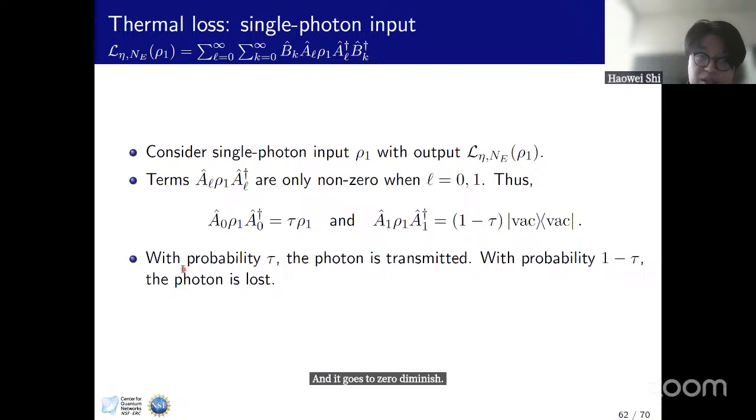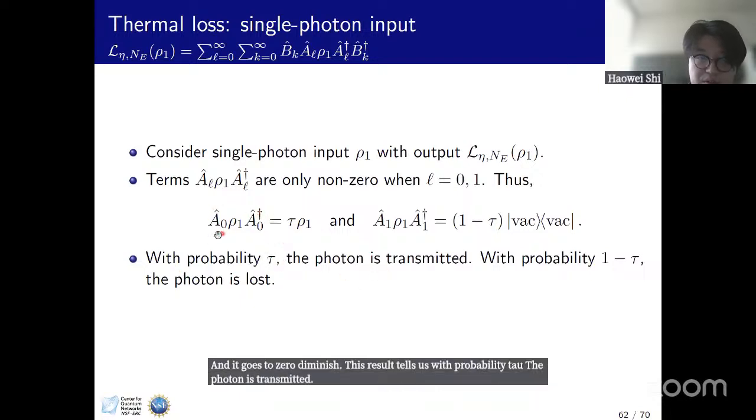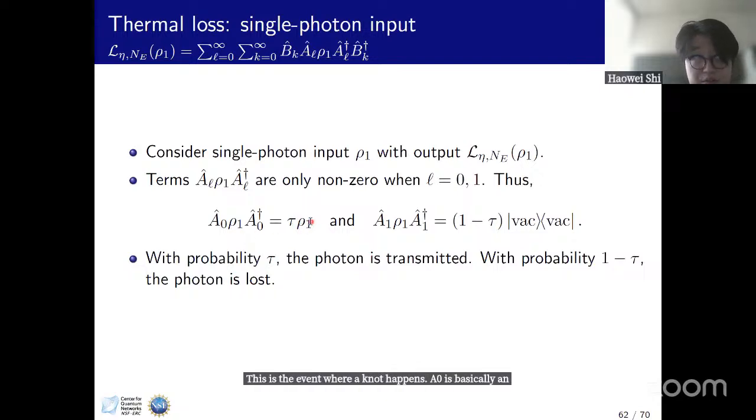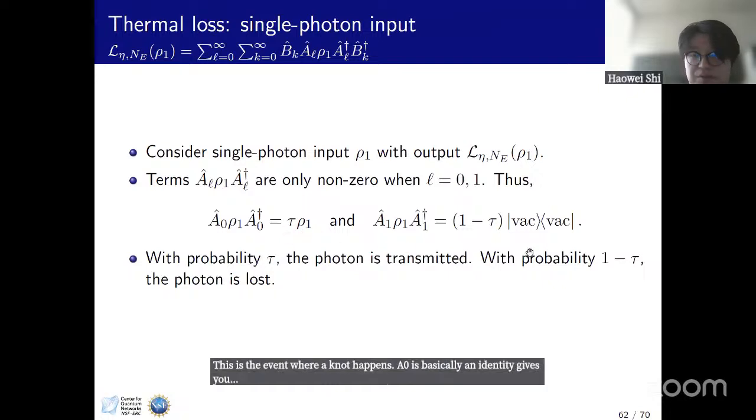This result tells us that with probability tau, the photon is transmitted. This is the event where A0 happens. A0 is basically an identity, giving you tau rho one, where rho one is the input.